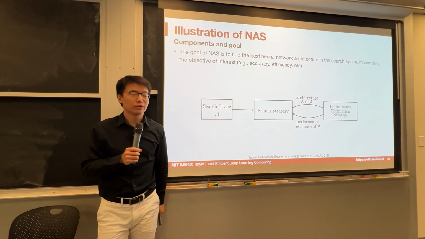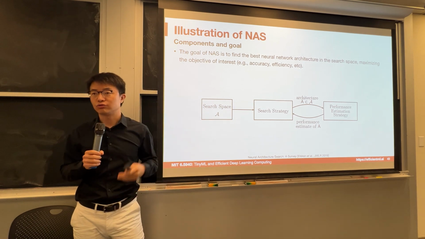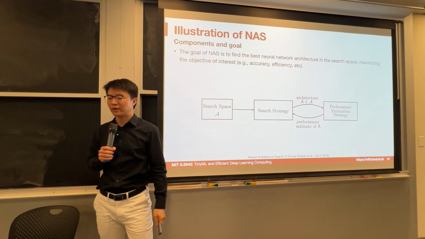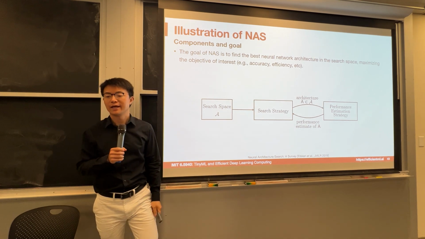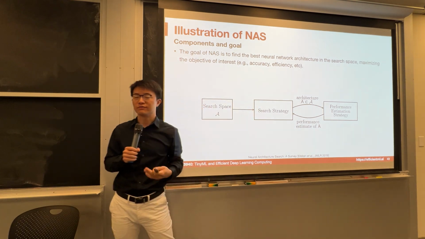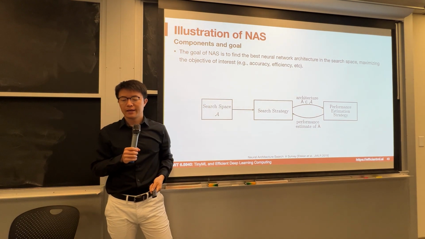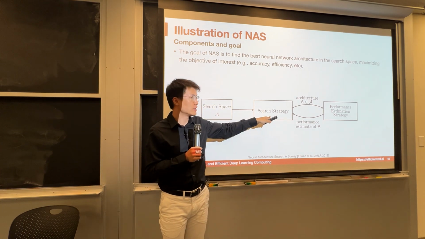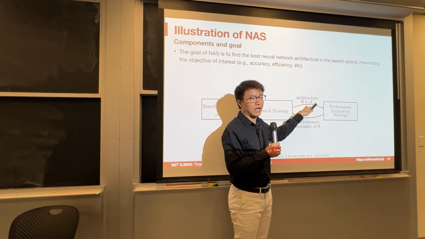So here are the components for neural architecture search to achieve that. The goal is to find the best neural network architecture in a search space, maximizing our objective, including accuracy, efficiency, etc. We start with a search space and then define a search strategy to propose an architecture.